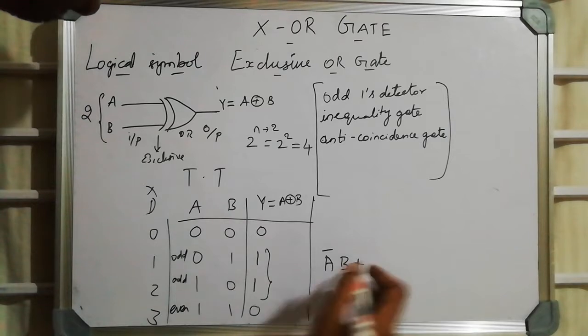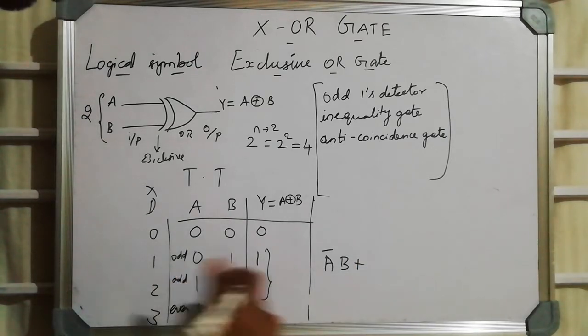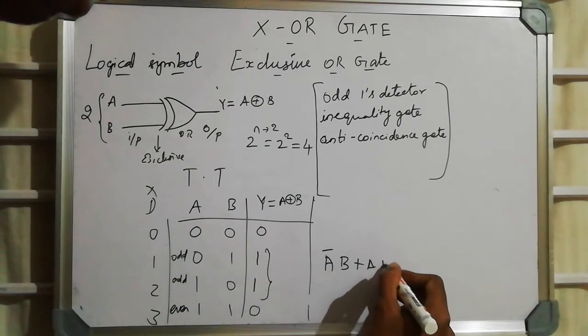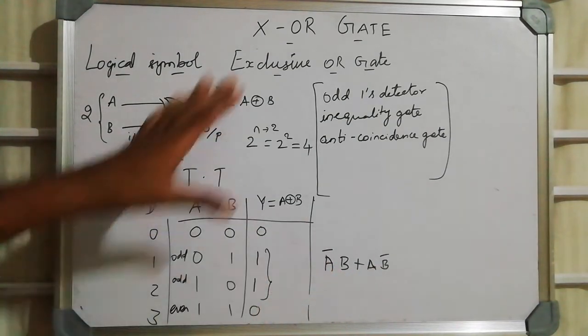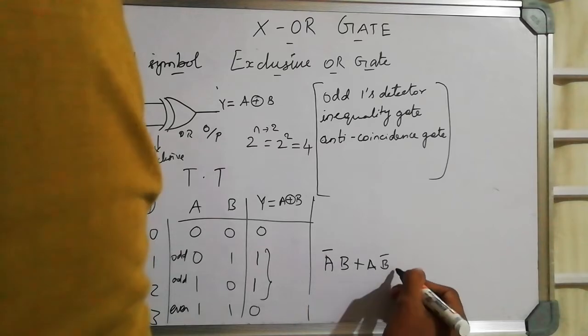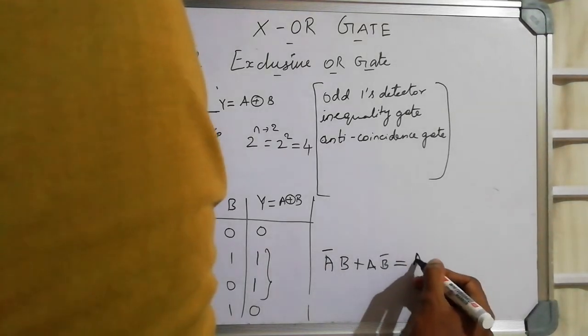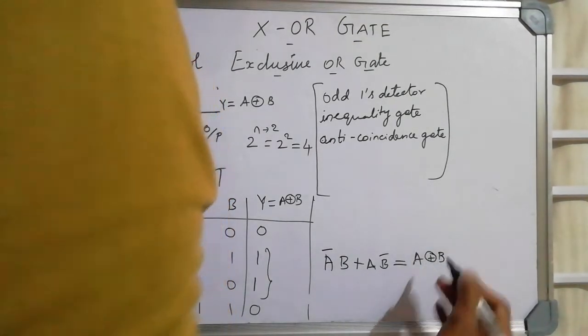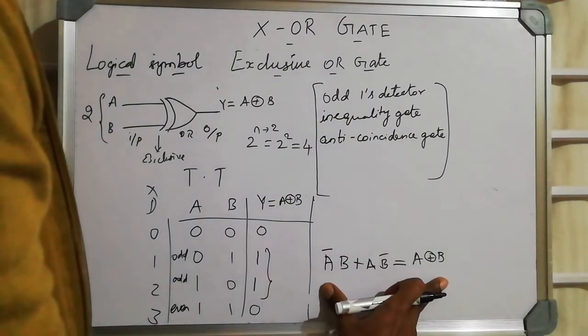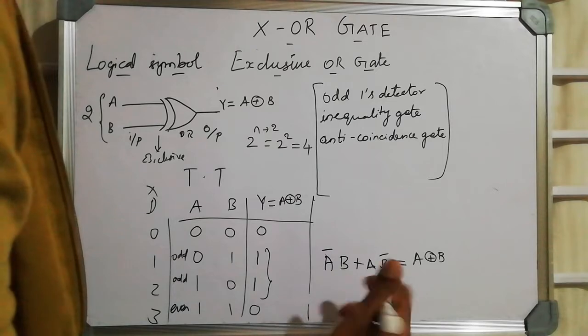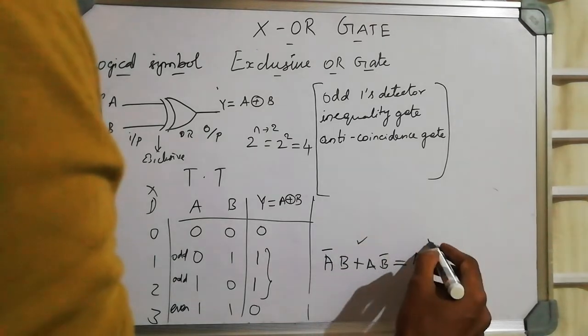The next one is A B bar. So this is the expression for the XOR gate: A bar B plus A B bar, which is equal to A XOR B. In both cases it is equal, and we will draw the circuit diagram for both.